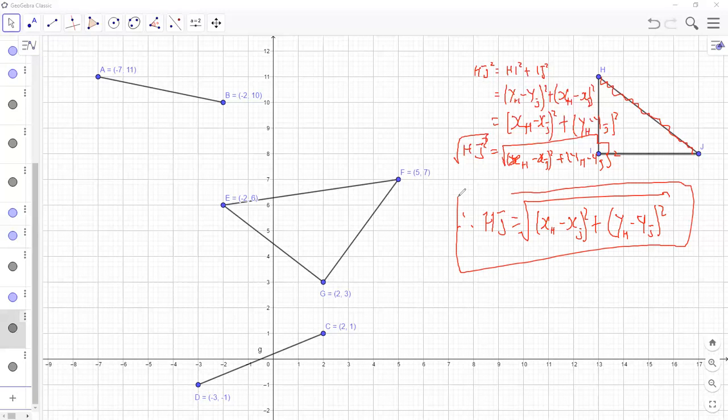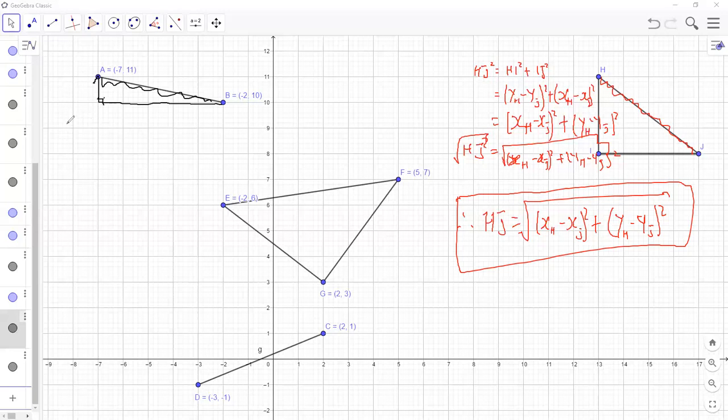In that case we had ABC, and now you've got to learn to adapt to the different coordinates that you will be given. So let's look at this one. If I want the distance AB, without having to use a ruler to measure or construct a right angle triangle and then use the theorem of Pythagoras, we can just use this general rule.